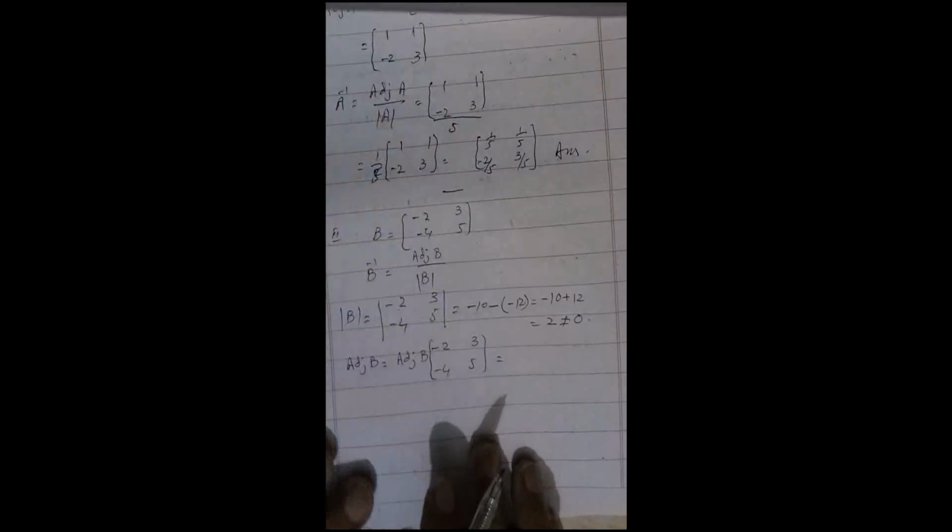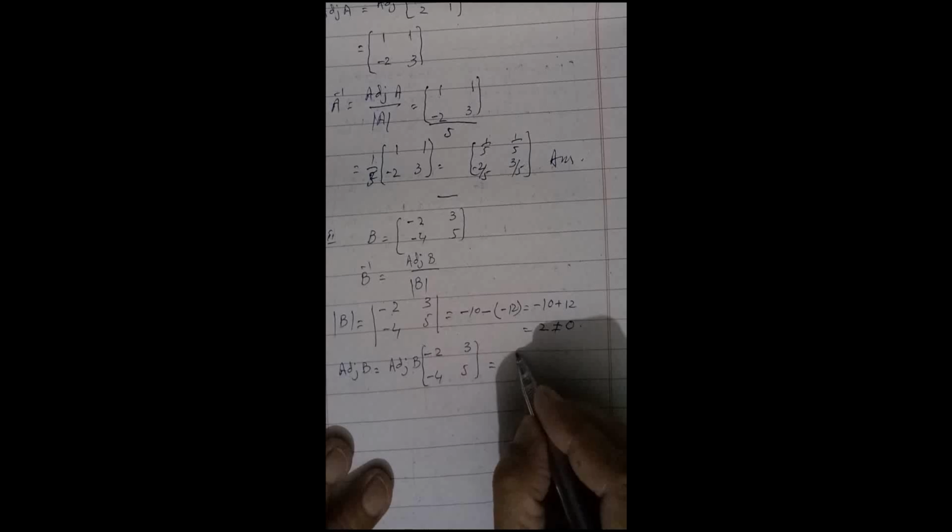First we will find adjoint B. The B matrix is minus 2, 3, minus 4 and 5, and the adjoint is 5, minus 3, 4 and minus 2.